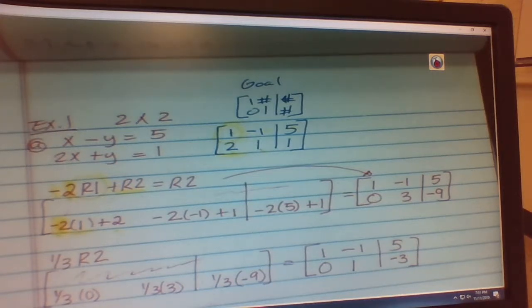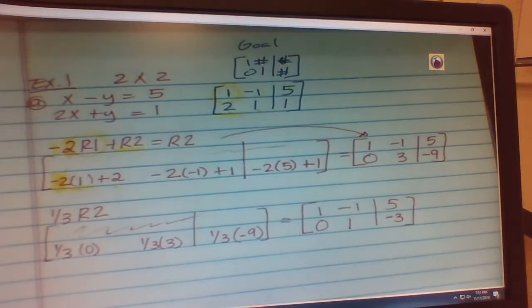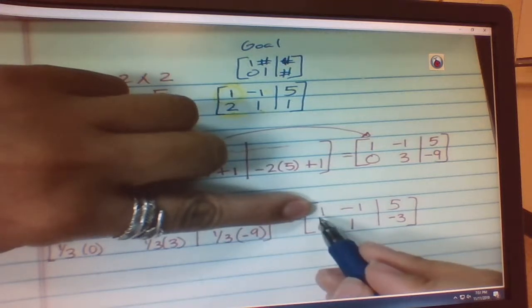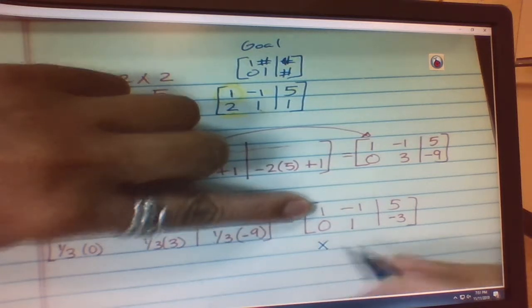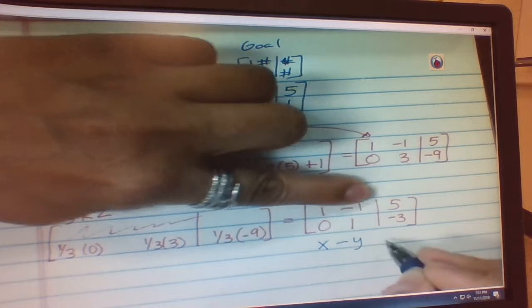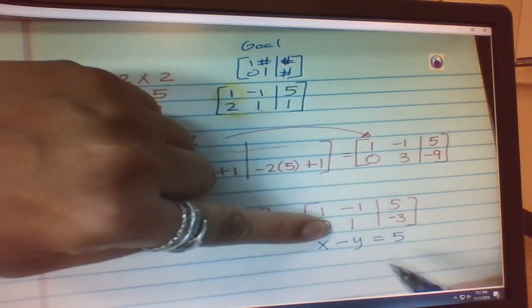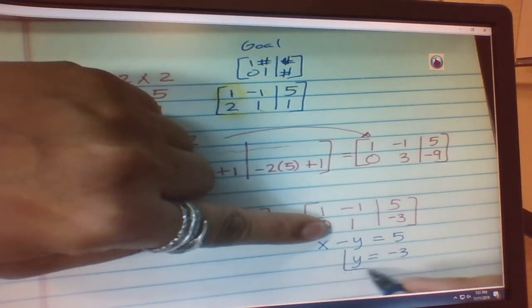And that's the final answer? That's the answer for this step, but that's not the final answer. Please understand this represents x minus y equals 5, and this represents y equals negative 3. So I already know who y is.